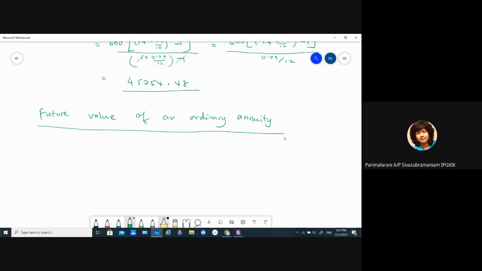So if a payment of R ringgit, the installment, is made into an account M times.